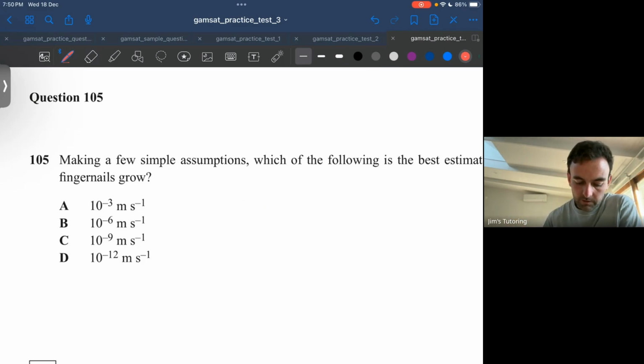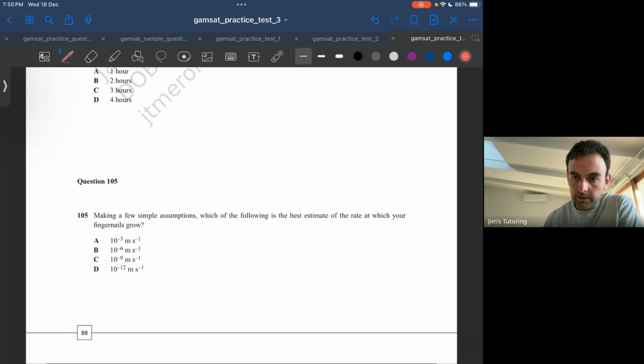So I think I get what you're saying, but I think unit conversion is just for those ones. It doesn't really matter what the unit is, because as we just did, we went from centimetres per week into metres per second. If you've got one starting unit, you can go into anything.